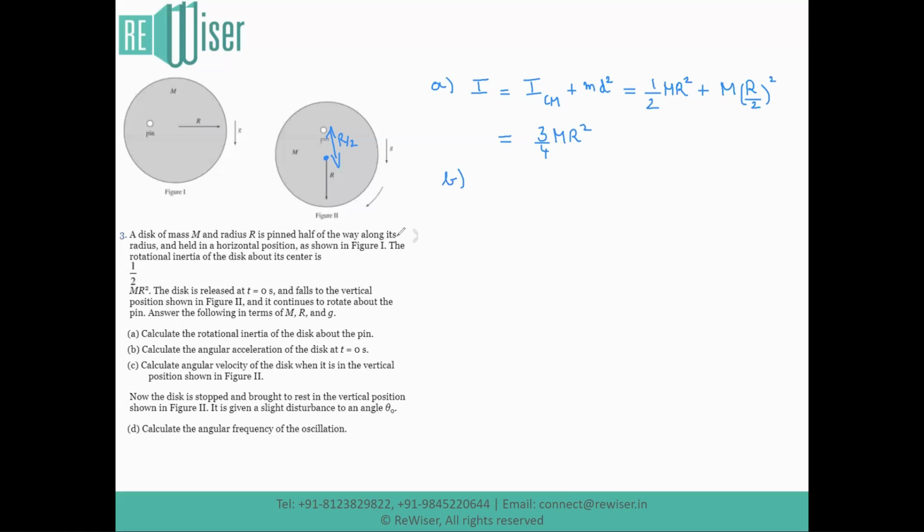Part B asks us to calculate the angular acceleration of the disk at t equal to 0. At t equal to 0, we understand that gravity provides the torque about the pin, and this causes the disk to rotate about the pin. We can also explain the same through a free body diagram.